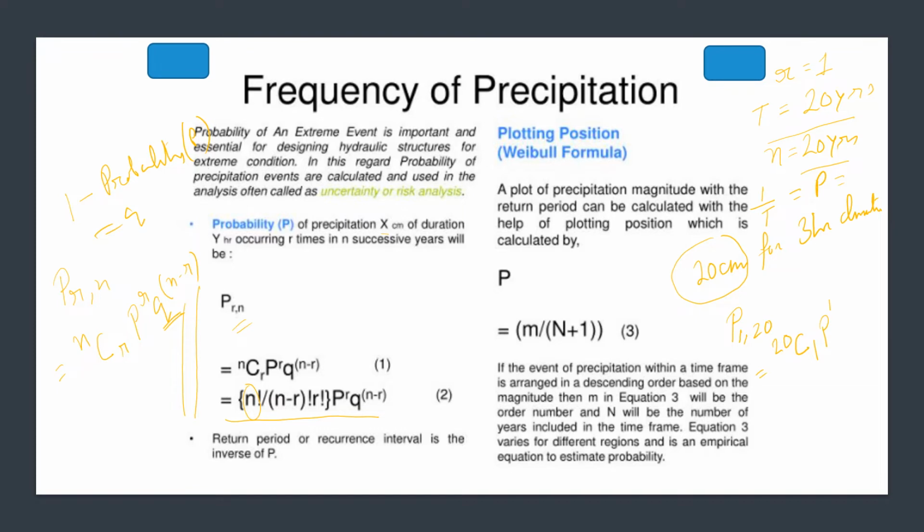Now Q is, what is its occurrence? What is the probability that this event is not occurring for one time in the next 20 years? So it is P to the power 1, and then Q is that non-occurrence probability. So Q to the power n minus R. So n is your 20, R is your 1.